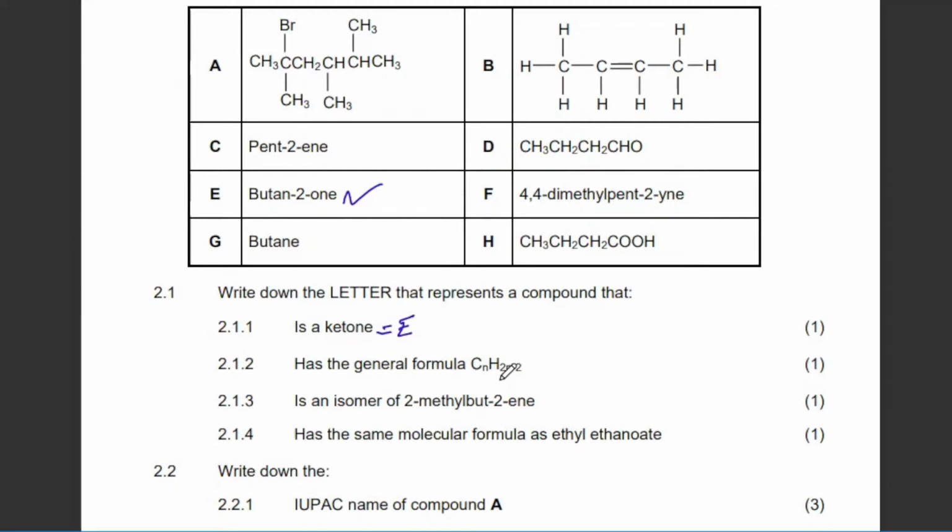They have the general formula of this. This is the alkynes. Don't forget that alkane is CnH2n plus 2, alkene is CnH2n, nothing you add, and then alkyne is CnH2n minus 2.